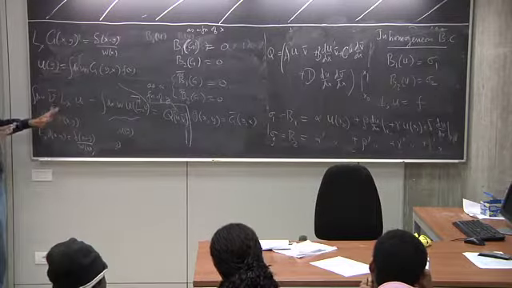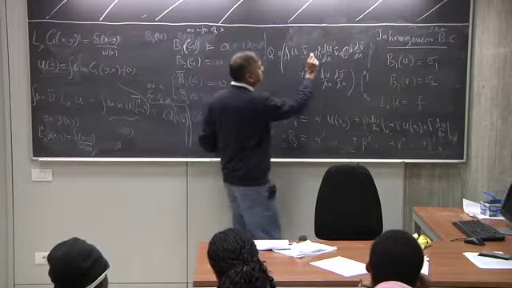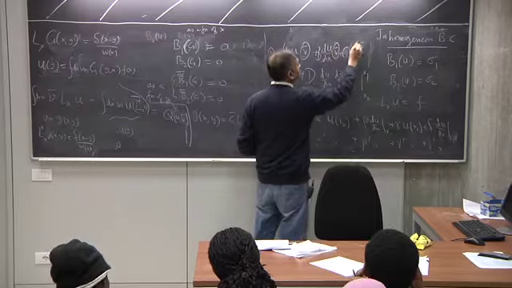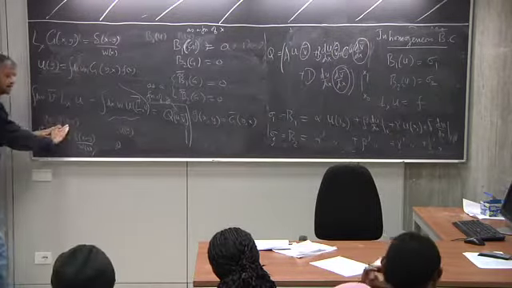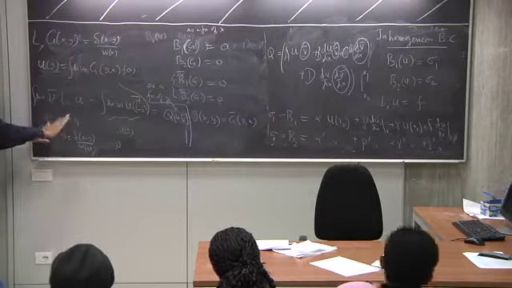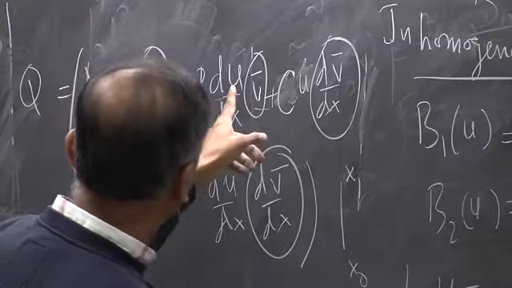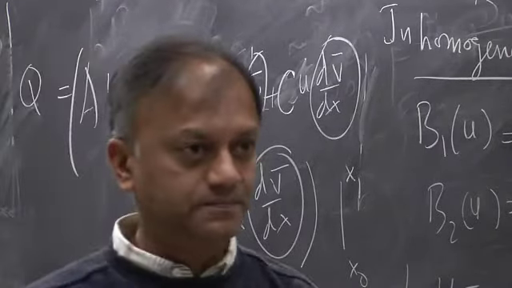So all these quantities we know. What is unknown here is u, the values of u and du by dx at the endpoints.